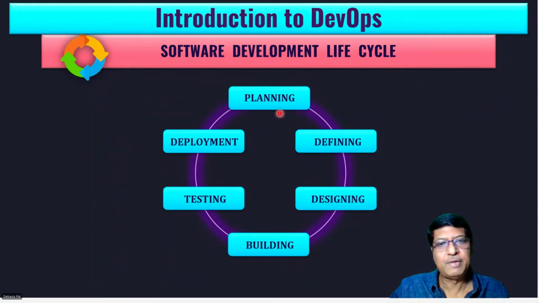This is the business definition, planning, or whatever the requirement. But then this definition has to be in sync with the requirement, isn't it? Who will validate whether your technical definition and your business definition are in line?